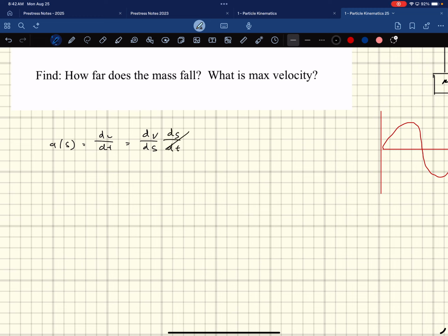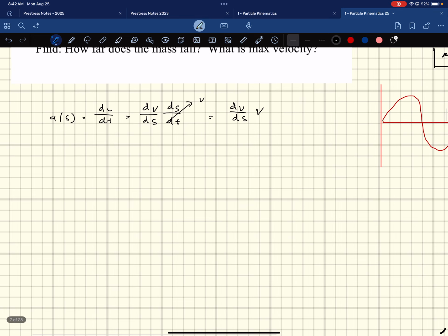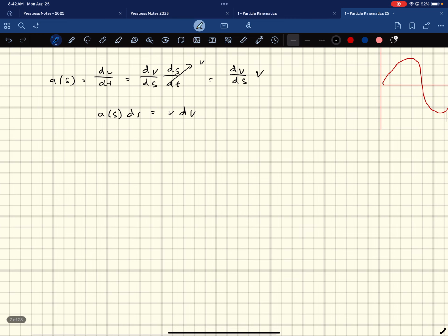This is just velocity. So this is going to be dv/ds times v. I put all my v's on one side and my s's on the other. So a(s) ds is equal to v dv. Now they told me what my acceleration is as a function of position.